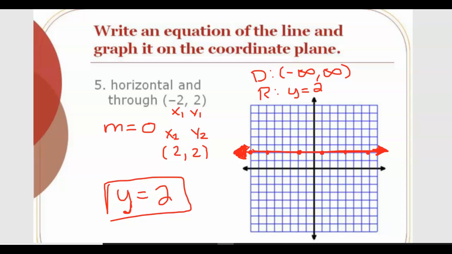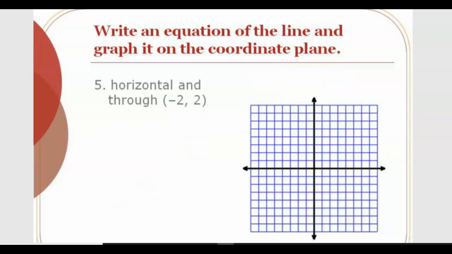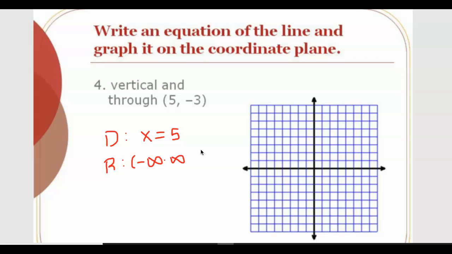And on the previous graph, it would have been very similar. However, now the domain would have been x equals 5, and my range was all reals. So again, those two are just a little bit unique. They're unique in their equations as well as their domain and range.